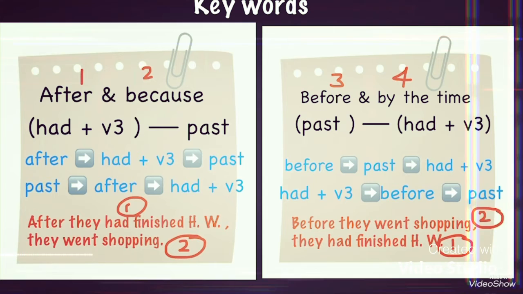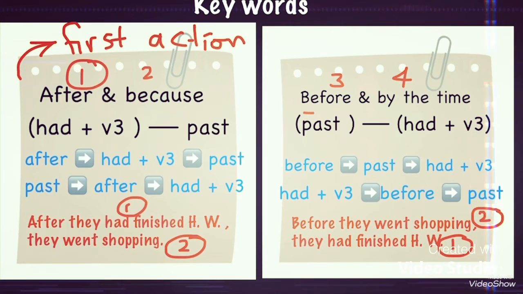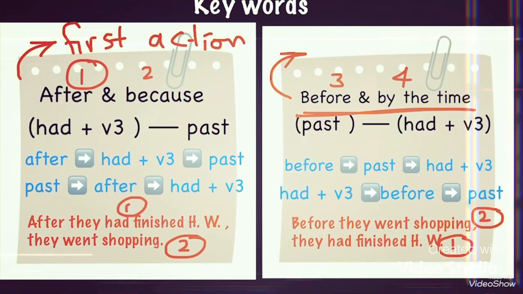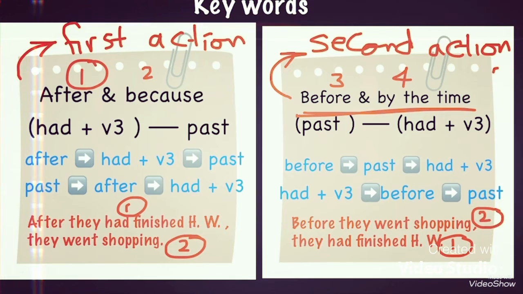So after and because are followed by the first action, action number 1. And before and by the time are followed by the second action. The second action is number 2, which is in the past. And the first action, number 1, is in the past perfect. What is past perfect? Had plus V3.